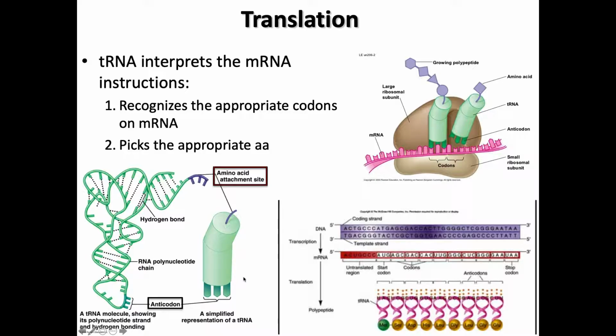So this tRNA has 2 responsibilities. It recognizes the codons on the mRNA. So here, this tRNA with its anticodon recognizes its complement, this codon here. And because of that, this tRNA is able to carry and pick out the correct amino acid to bring for translation.